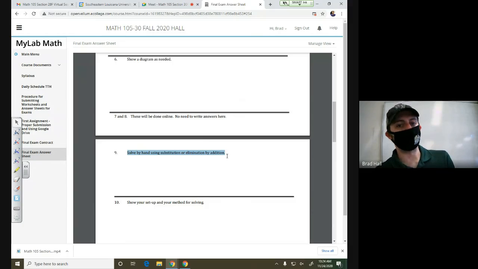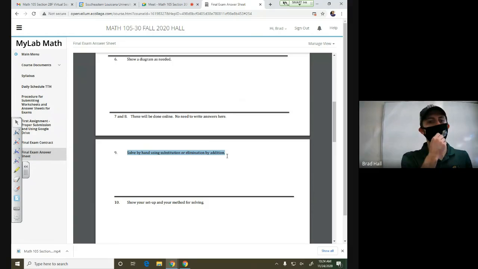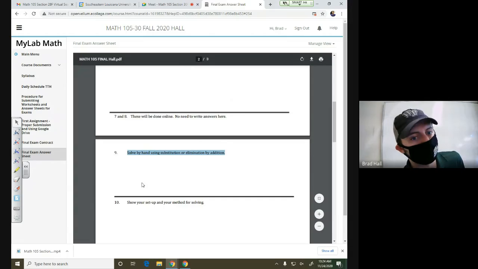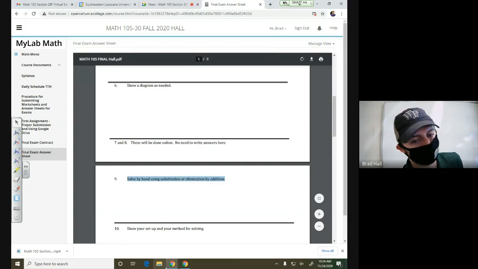You can use the matrix method to test or check your work, but you will ultimately need to show some of the steps behind the substitution or elimination method. So I just wanted to say that. Again, it might be good to go over the answer sheet here and make sure you familiarize yourself with any clues that this might tell you for things you should expect.